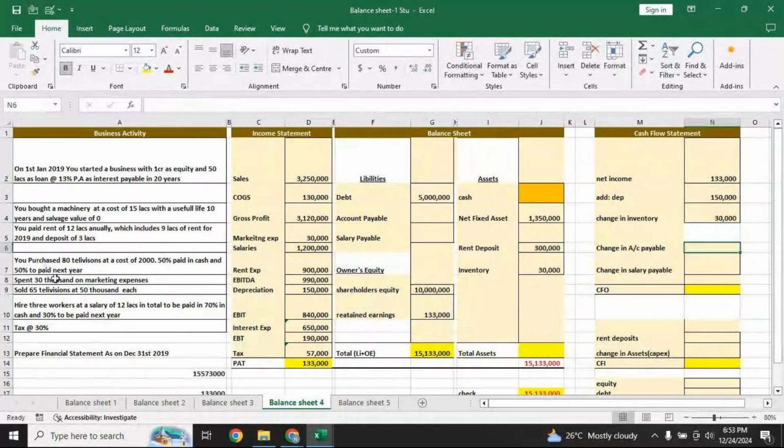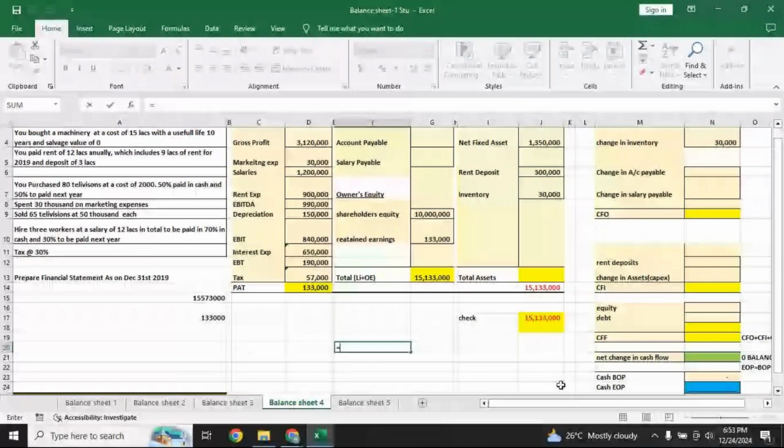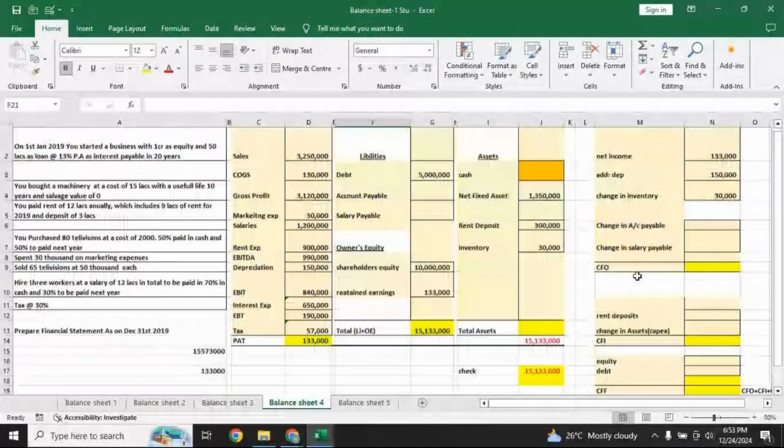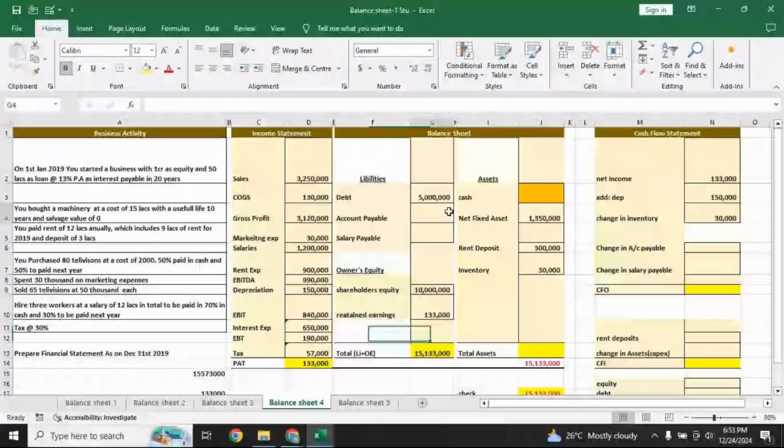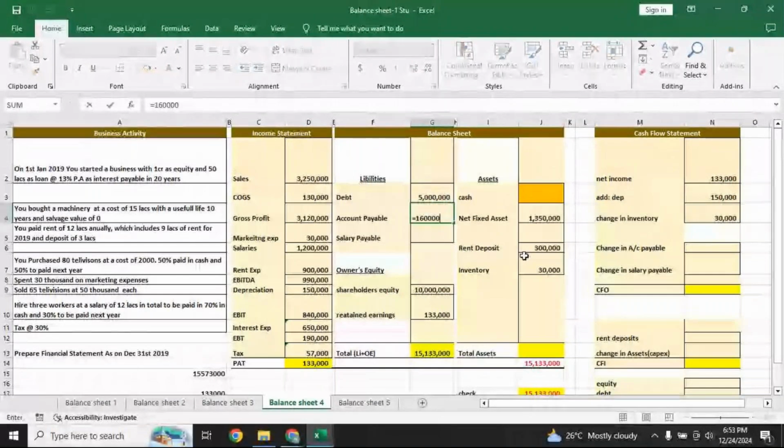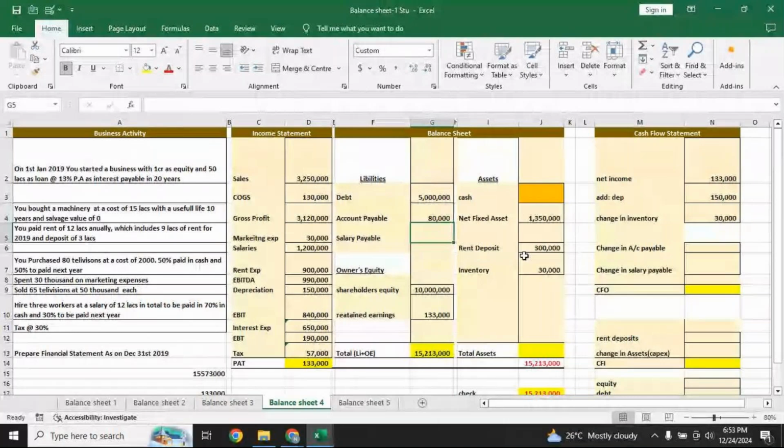So it will be 80 television into cost is 2000. That is 1,60,000. So 1,60,000 into 50%, 80,000. So change in account payable.